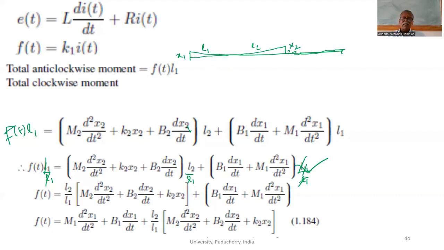If you consider these two as similar triangles, because the displacement is very small, not an arc, very small displacements x1 and x2, that's why we can take them as similar triangles. The sides are L1 and L2, the bases are x1 and x2. Therefore, we can say that L1 upon x1 equals L2 upon x2.